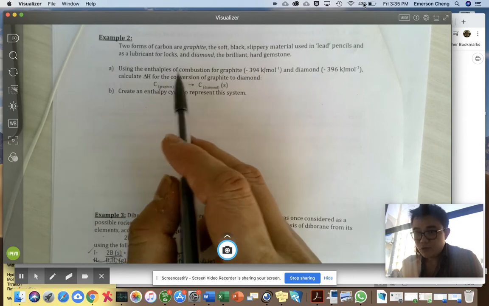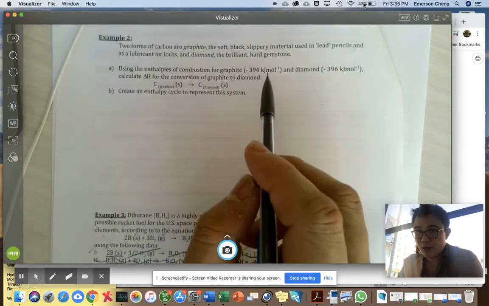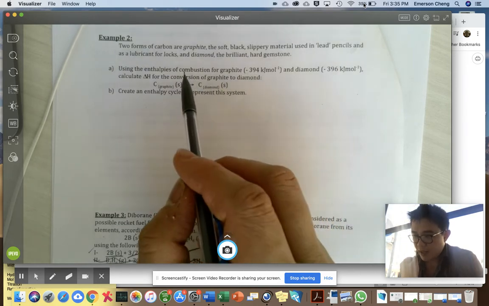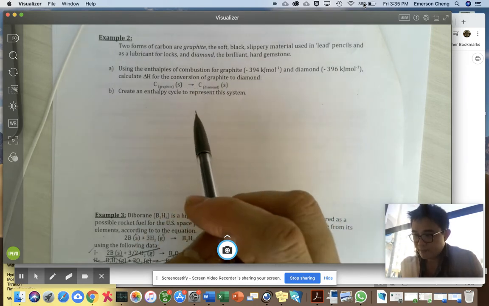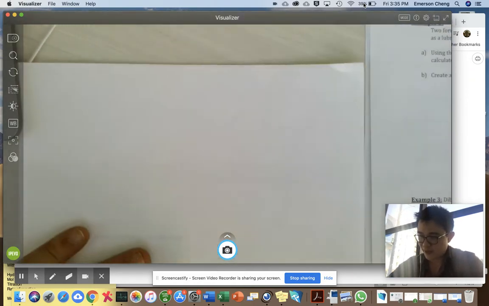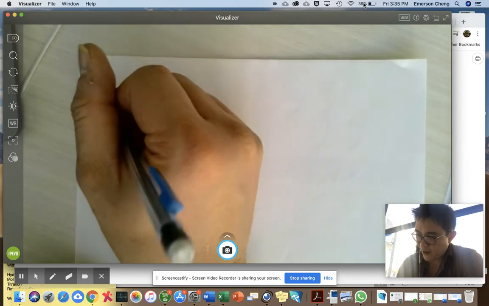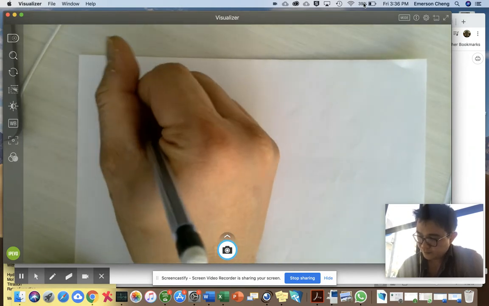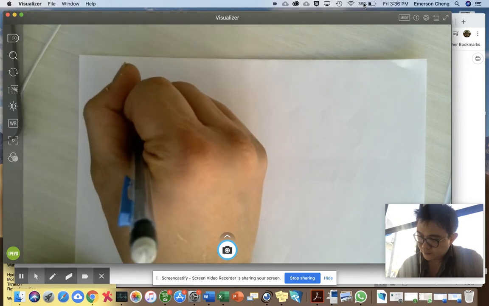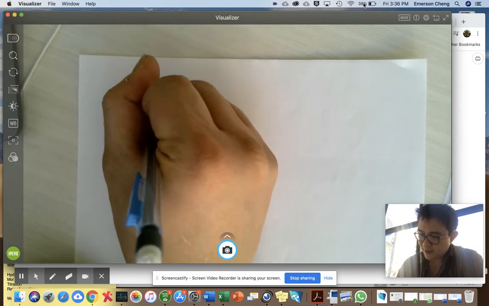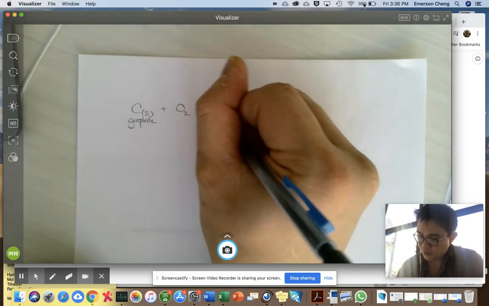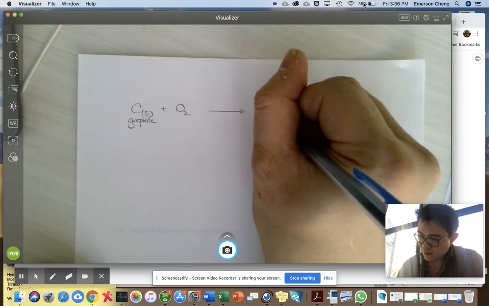So what you need to do is write out the equation of combustion for graphite. I'm just going to write it here. Combustion for graphite is C(graphite) plus O2 gives you CO2.